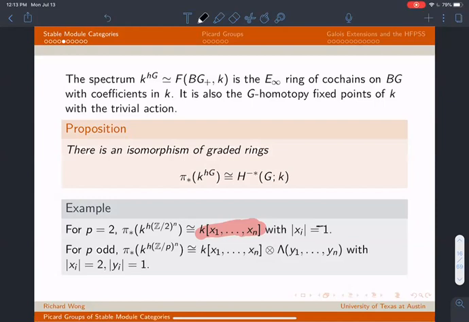Should be a -1. And for p odd, for an elementary abelian group of rank n, the group cohomology is a polynomial algebra tensored with an exterior algebra. So we're already familiar with the homotopy groups because we know a lot of ways to calculate group cohomology.